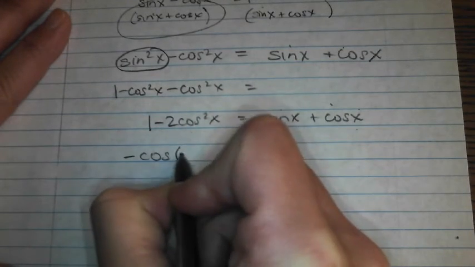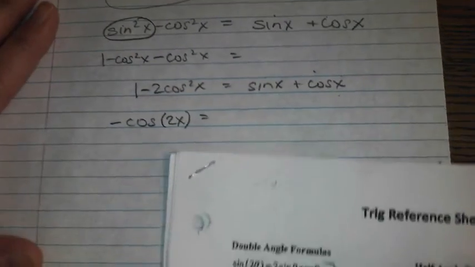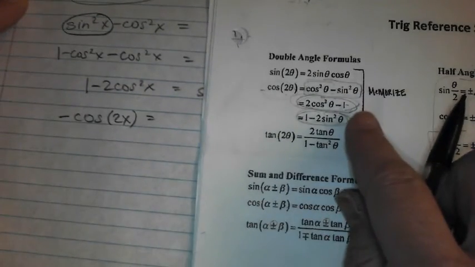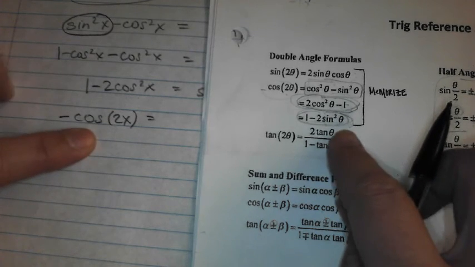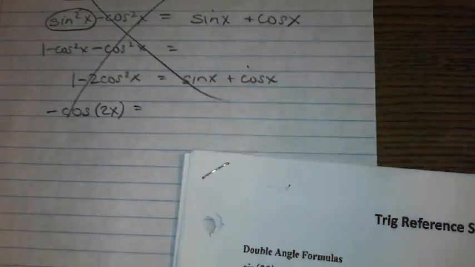I could make this the negative cosine of 2x. Right, but the point is it comes down to squaring both sides. I can't get away from that. So why not just do that from the start? Right. Well, we learned that you aren't going to use multiplying by the conjugates much in solving. Yes, in proving. No in solving.